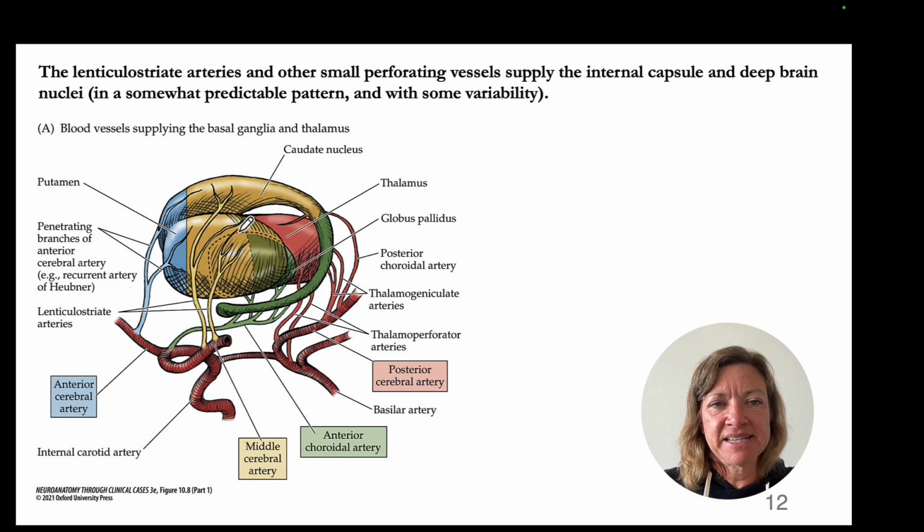Here you can see the basal ganglia or basal nuclei in three colors corresponding to the primary blood supply for each region, as well as the thalamus, which is mostly in red. And it's mostly in red because the thalamus is mostly supplied by the posterior cerebral artery. And the distribution of the ACA and MCA is pretty predictable here. For example, if I trace the head of the caudate, the anterior portion, as you might guess, is supplied by branches of the anterior cerebral artery in most people.